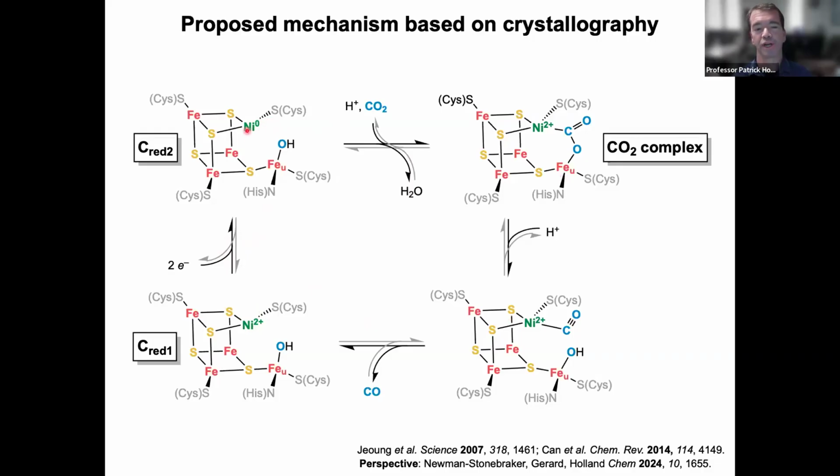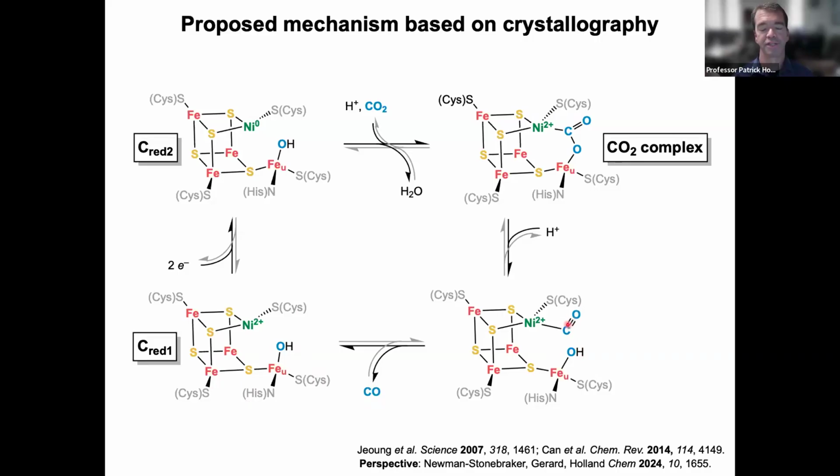And then if you have a low coordinate nickel 0 site, even though that's strange to find in there, that would be consistent with it binding CO2 to make this metallocarboxylate that would be assisted by the Lewis acidic iron over here. This is backed up by an X-ray crystal structure that shows the bridging CO2, which you saw in the previous talk. Then, if that were protonated at the oxygen, you could split the CO bond, make a transient CO complex, which could then lose the CO and get you back to where you started.